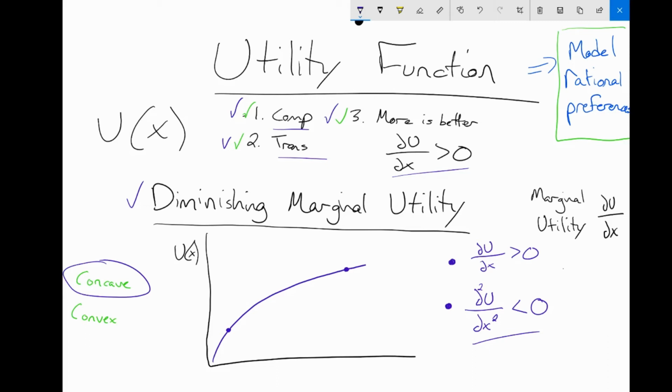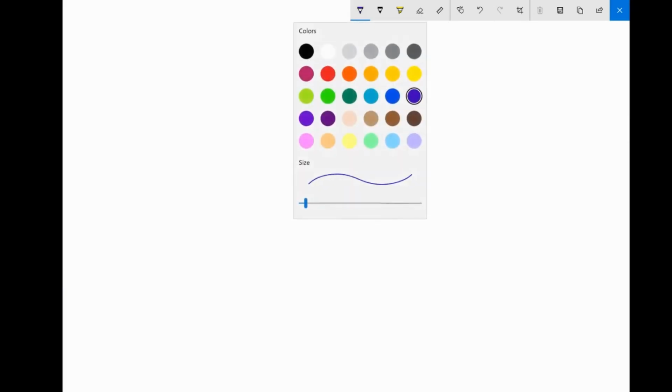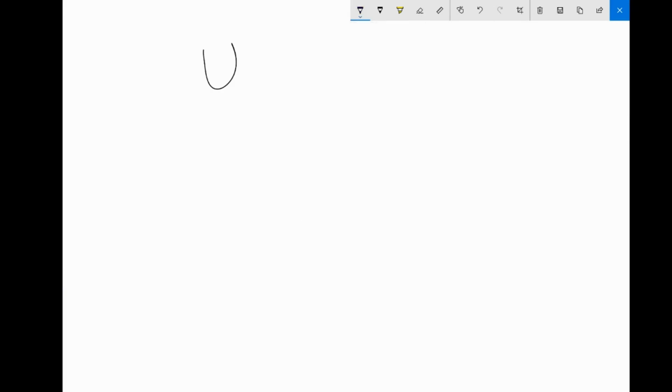Then we can use this model to do a good job of modeling rational preferences. Let me just summarize all of this. I'm going to erase everything. Utility function.